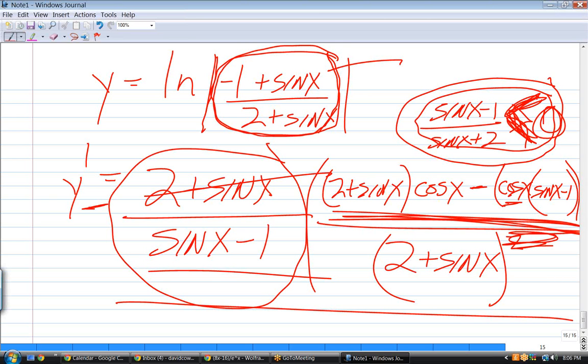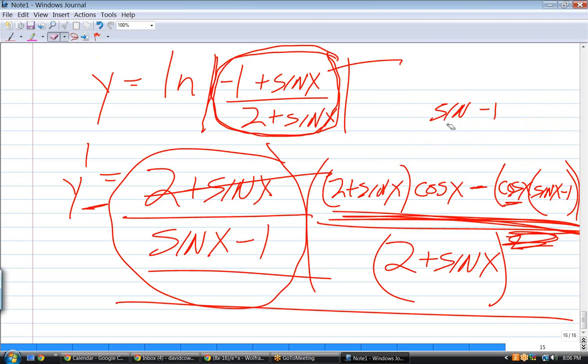Can't you do like a... Wouldn't it be like 2 cosine x? If I simplify this numerator, I end up with 2 cosine x plus their product minus their product plus cosine x.